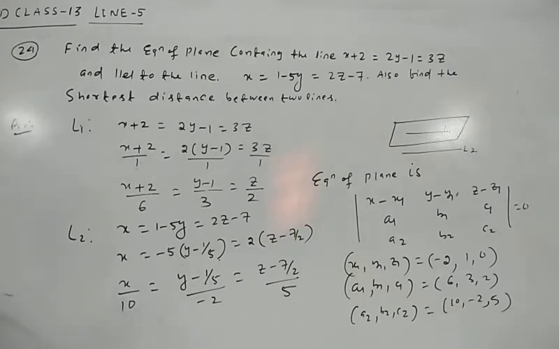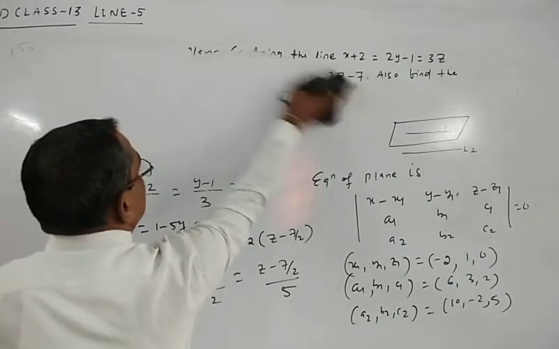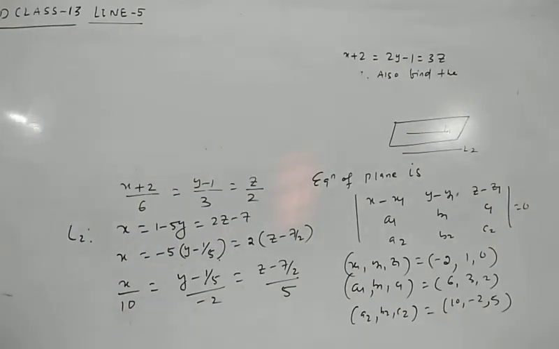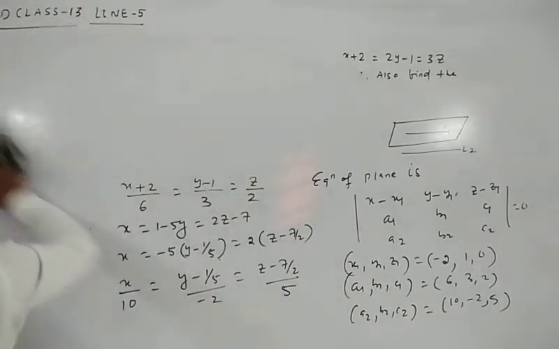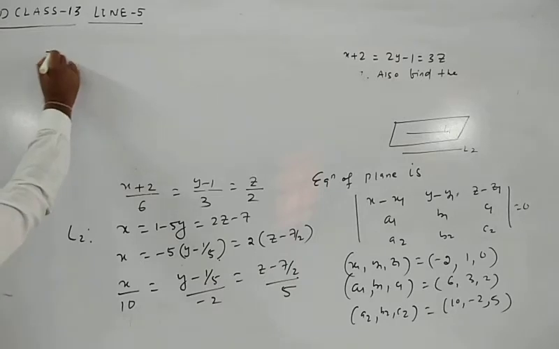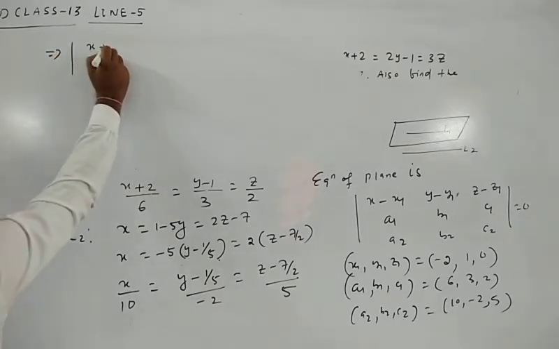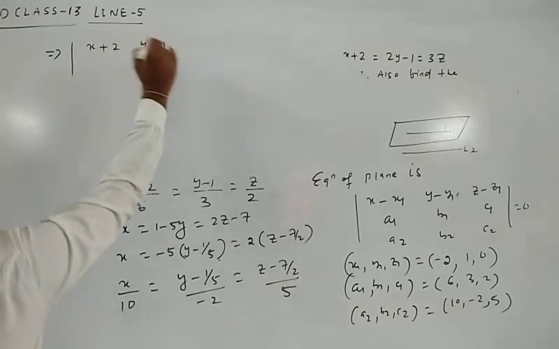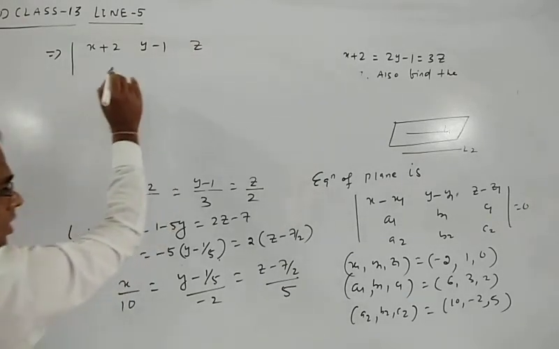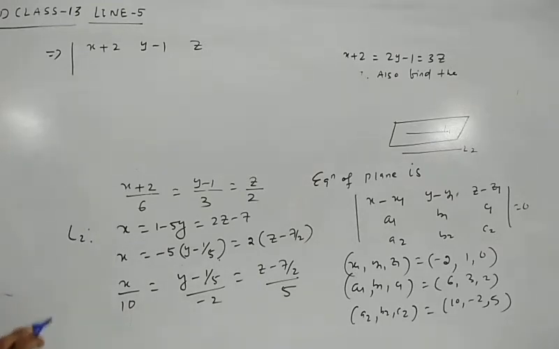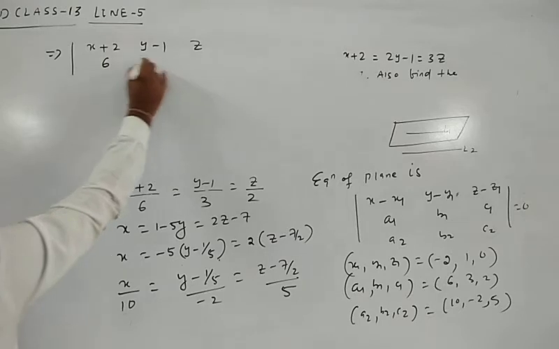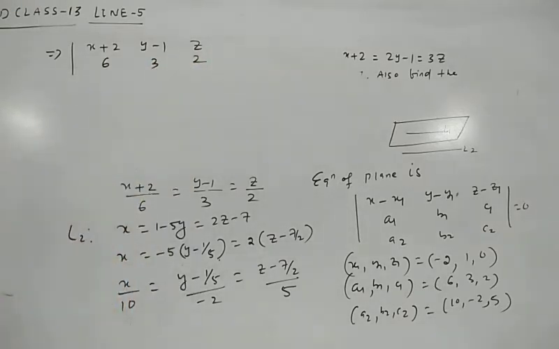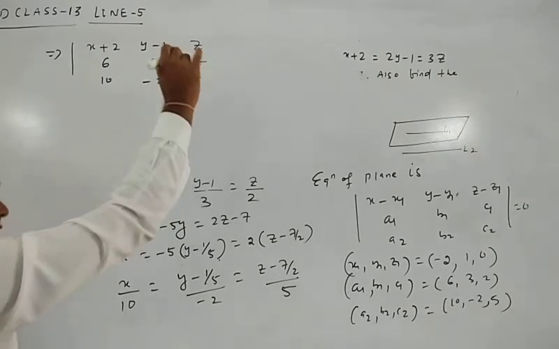So x plus 2, y minus 1, z; 6, 3, 2; 10, minus 2, 5 is equal to 0.